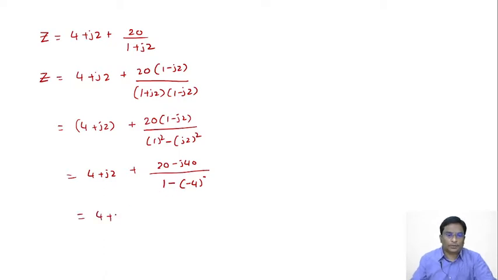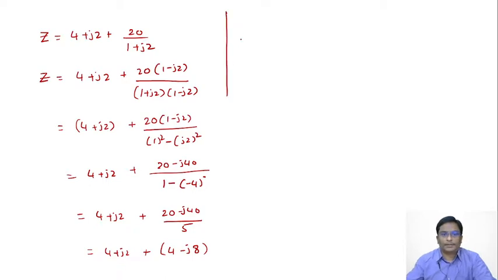This is 4 plus j2 plus 4 minus j8. What is the total impedance seen by the source then? The total impedance seen by the source is nothing but 8 minus j6.